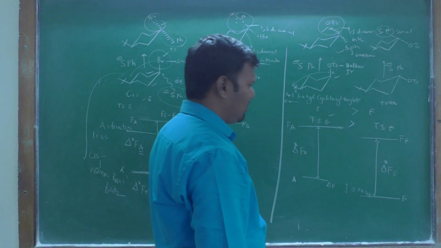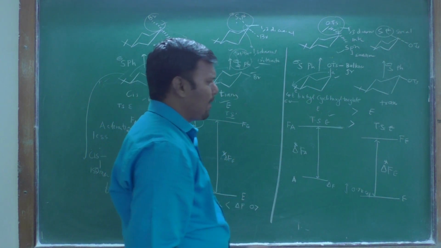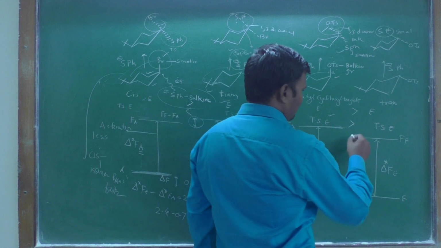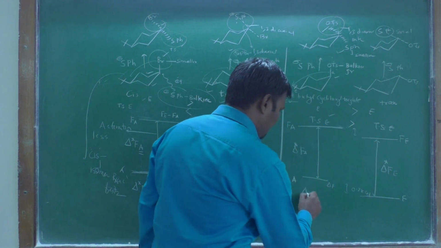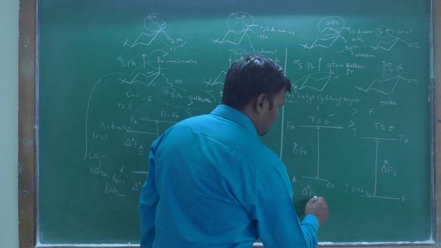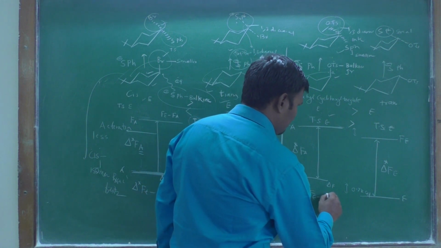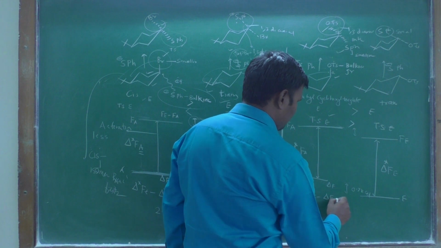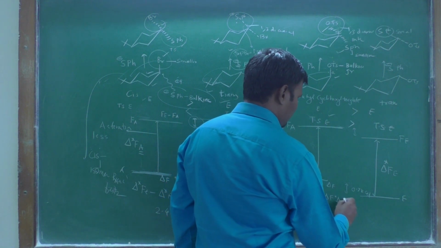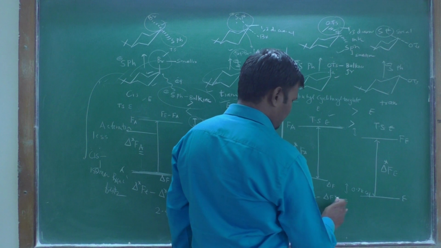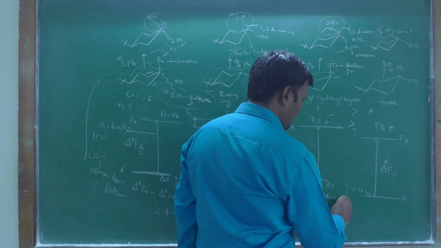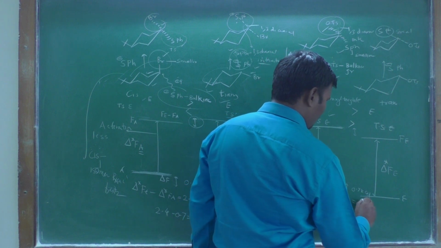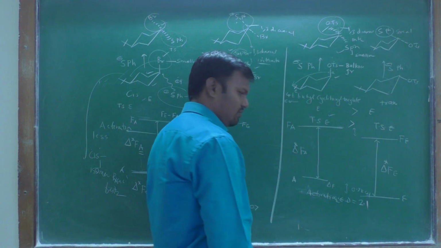But when you look at the total difference, delta F star A minus delta F star E, the activation energy difference is equal to 2.1 in this case.